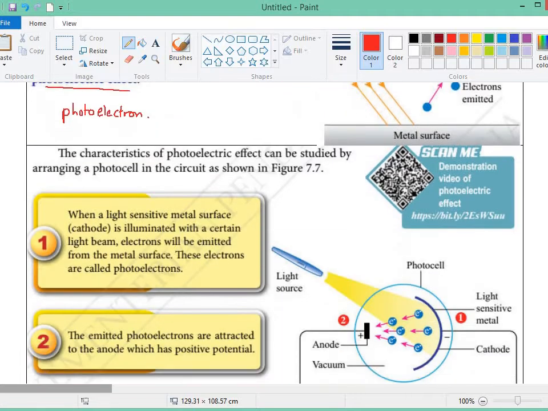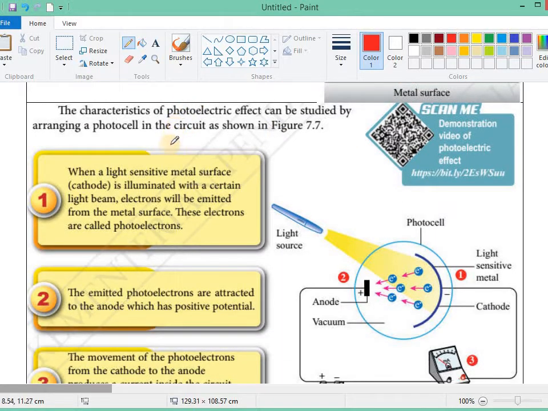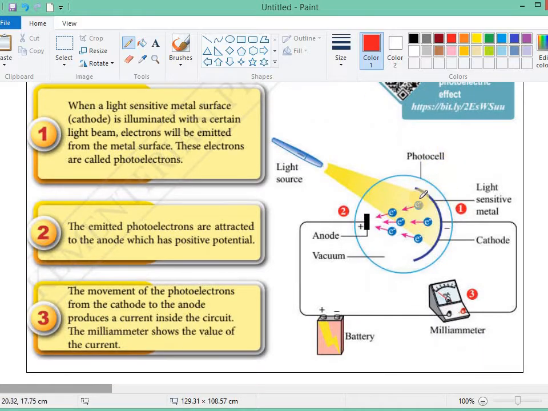Now, the characteristic of the photoelectric effect can be studied by arranging a photocell in the circuit as shown in figure 7.7. Here we have a photocell, and on the surface of this photocell we have a light sensitive metal. This is basically just a metal that needs less energy for electrons to escape. There are a lot of different metals: iron, gold, copper, silver, aluminum, magnesium, and so on.